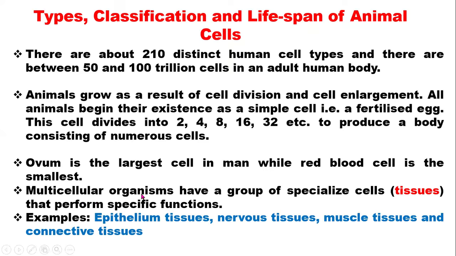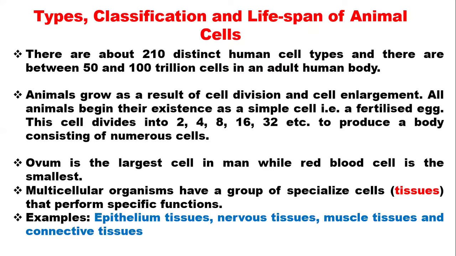So multicellular organisms have groups of specialized cells. These groups of specialized cells are called tissues, and they perform a specific function. In multicellular organisms, a group of these cells specializes to perform a particular function.